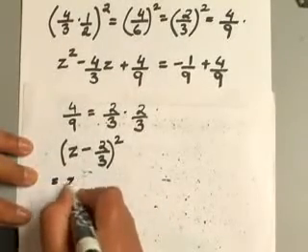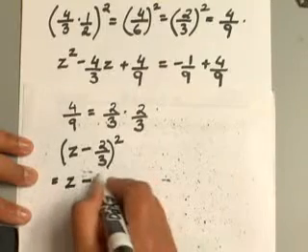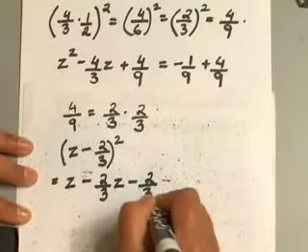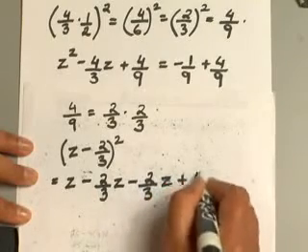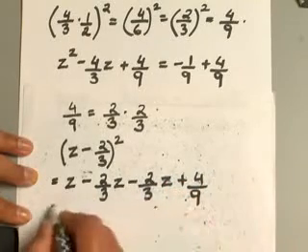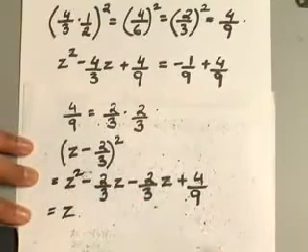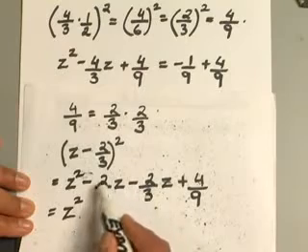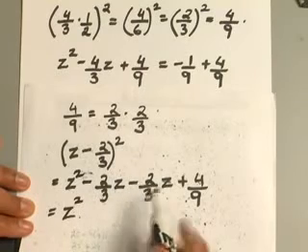Again, remember, it's always a good idea to go ahead and FOIL this. If we FOIL it, we will end up with z minus 2 over 3 z minus 2 over 3 z plus 4 over 9, and I'm sorry, that should be a z squared.